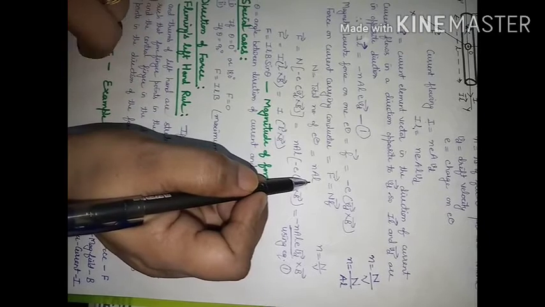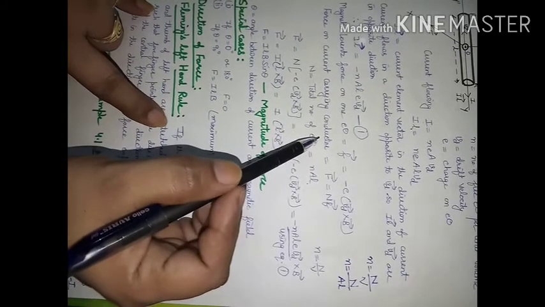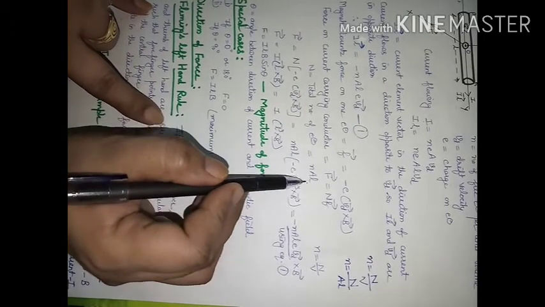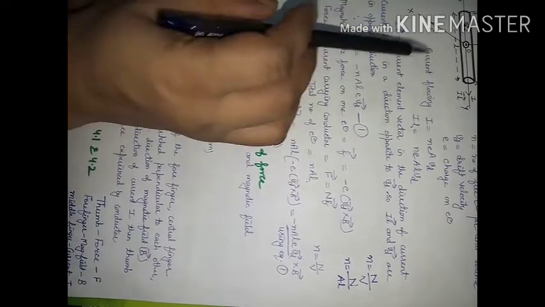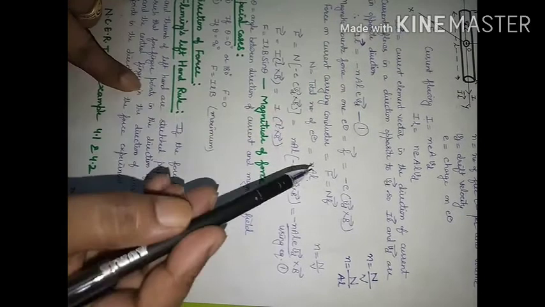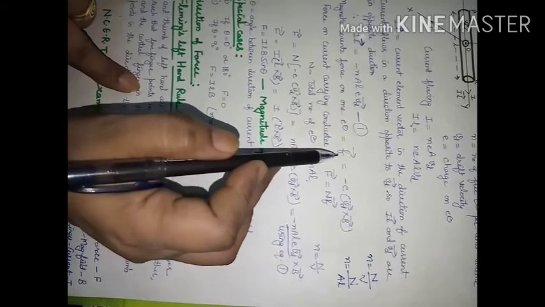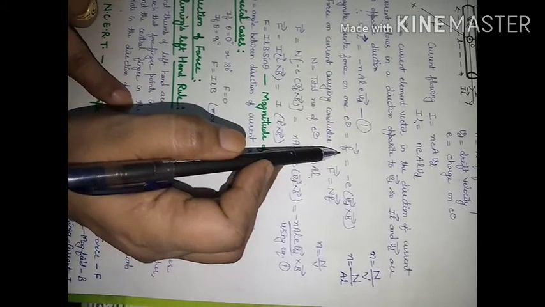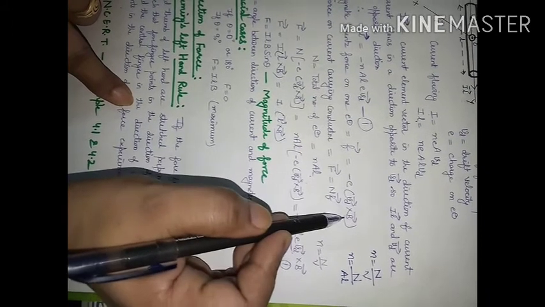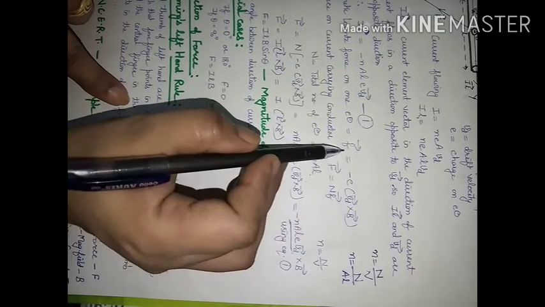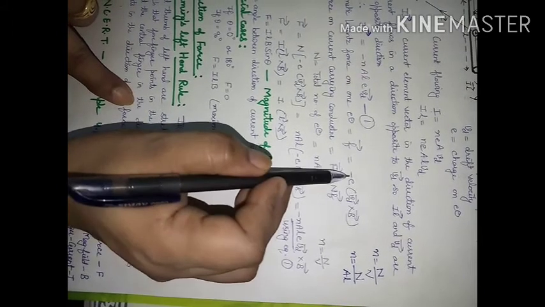Now we will find the force experienced by one electron. Then we will multiply that equation with the total number of electrons. That will give us the total force acting on the wire in the presence of magnetic field. Using the Lorentz equation, the force acting on an electron moving with velocity Vd in the presence of magnetic field B will be given by minus e Vd cross B. Why minus sign here?